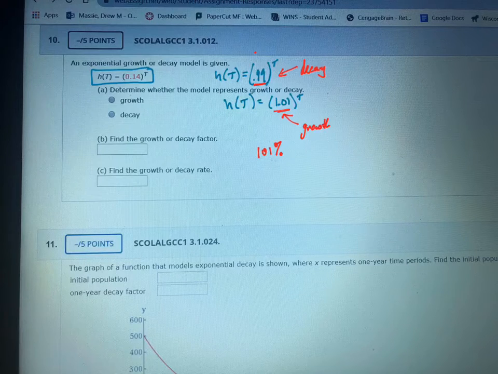And this represents 99%, which is a 1% decay, and this is a 1% growth.